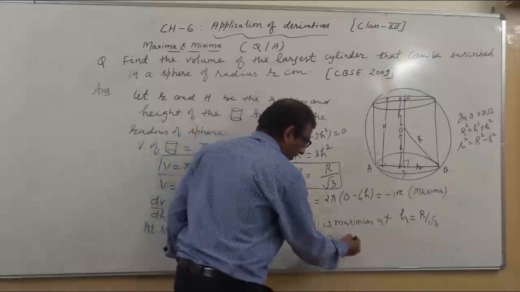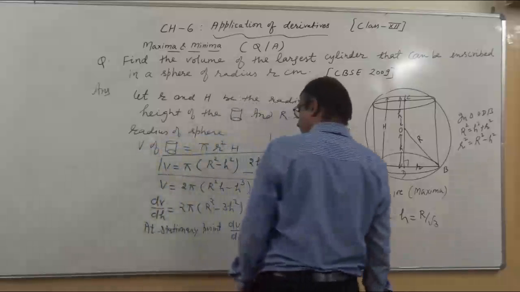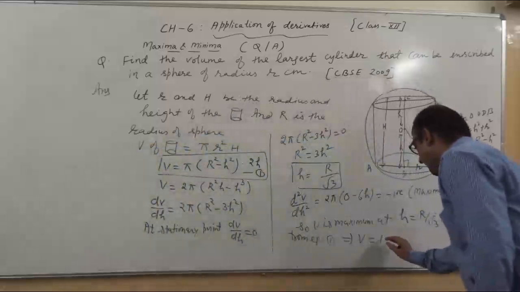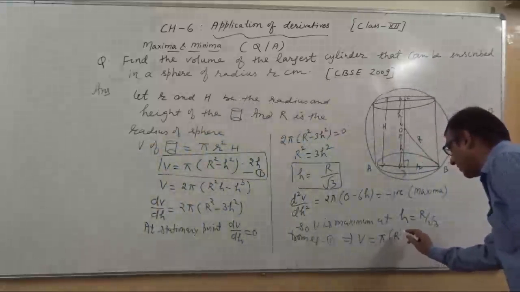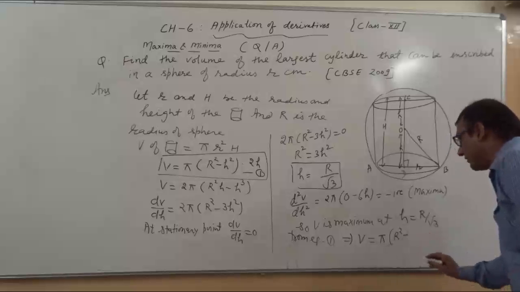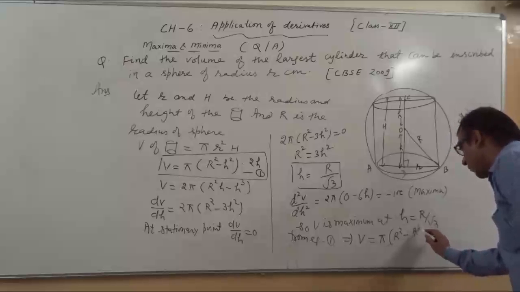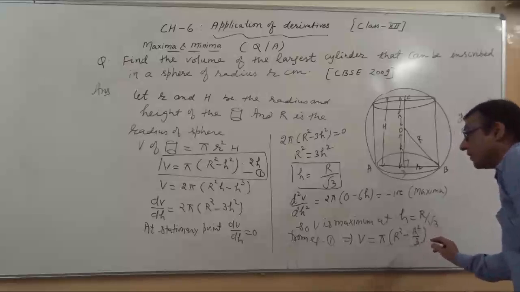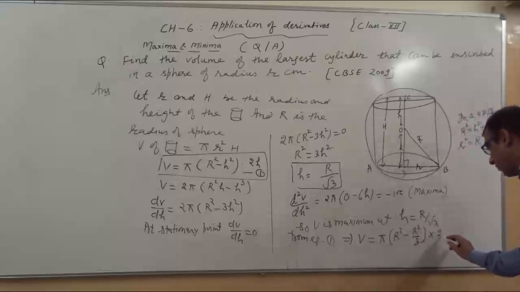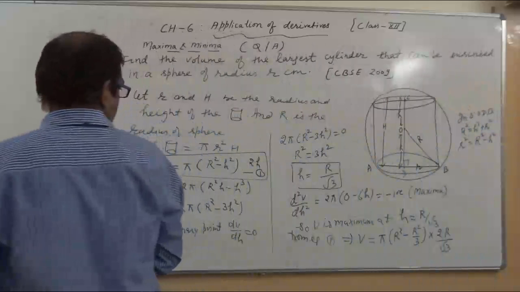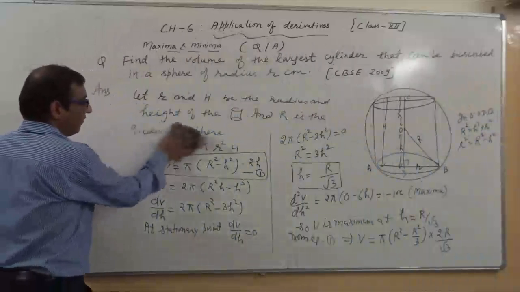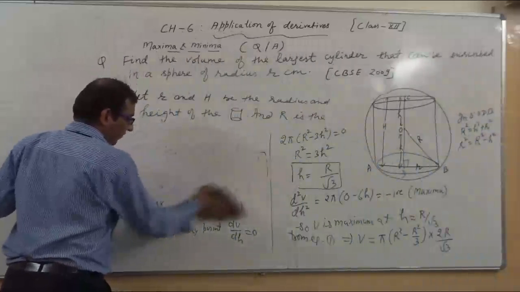we can say V equals pi. Now we will put the value of h. So it becomes R square minus R square upon 3, into 2R upon under root 3. After this we will solve it. So when we solve it, what we will get?